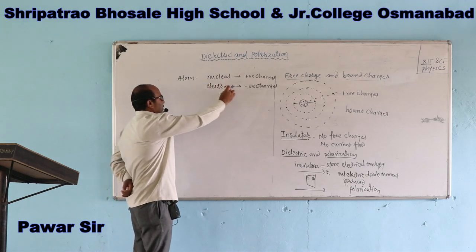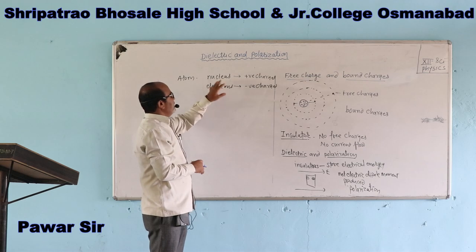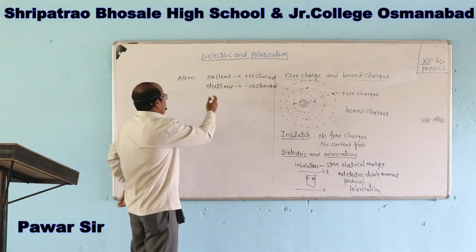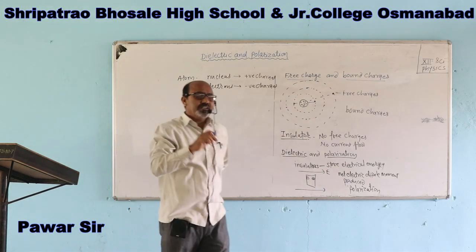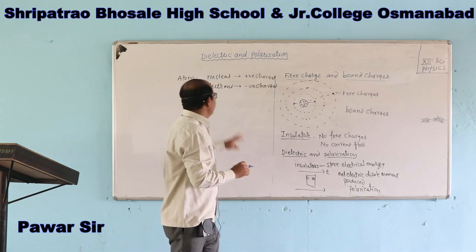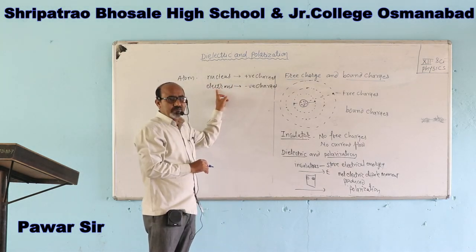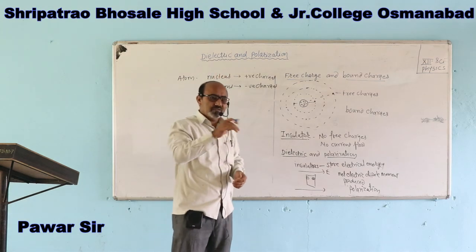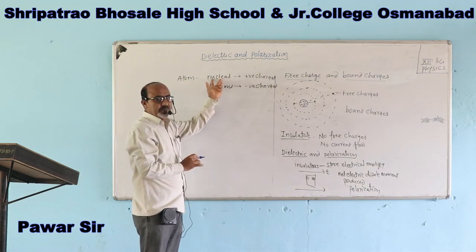All these electrons revolve around the nucleus in different orbits. All the negative charges will be concentrated at a point, called the center of mass of negatively charged electrons. Similarly, all positive charge on the nucleus is concentrated at a point called the center of mass of positive charge.